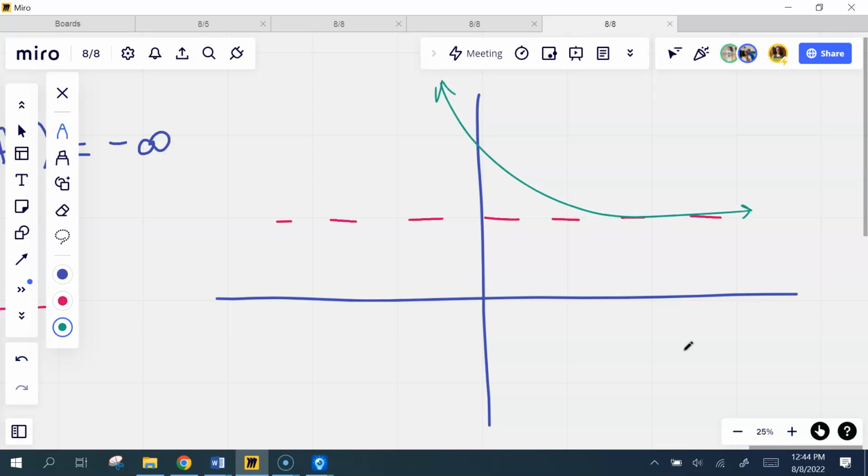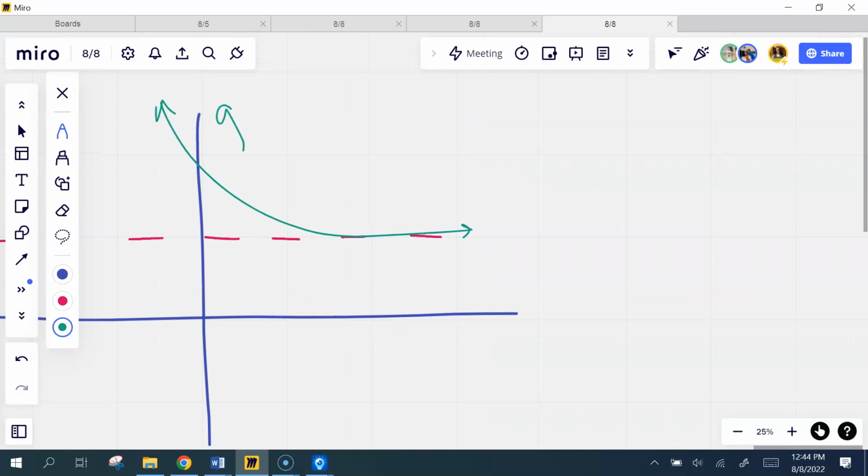What if I asked you, now let's call this g of x. What's the limit as x approaches infinity of g of x? What would you think that might be? What's the graph doing? As x approaches infinity, it goes to 2.